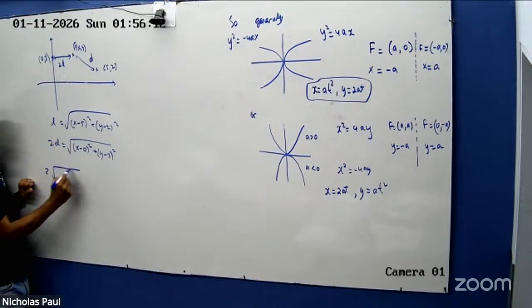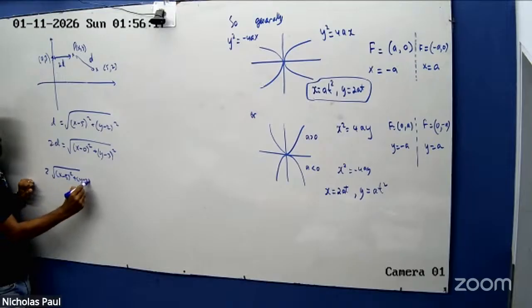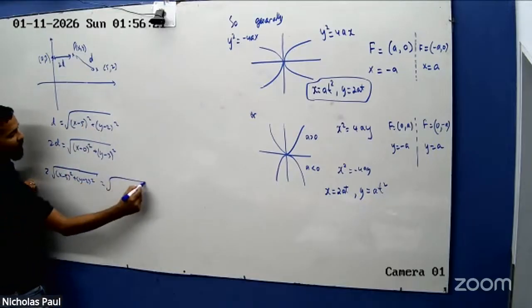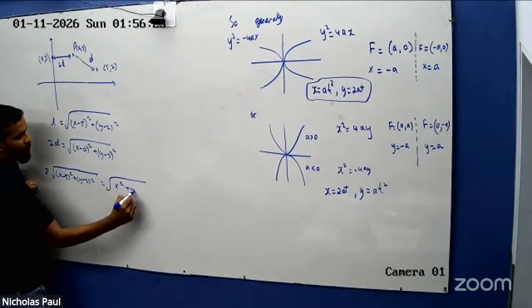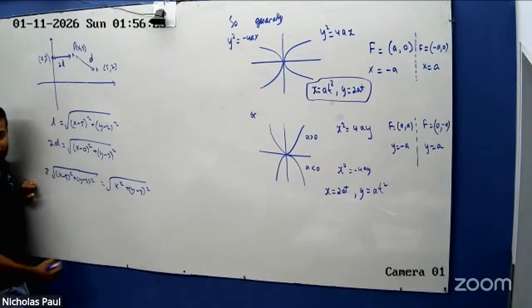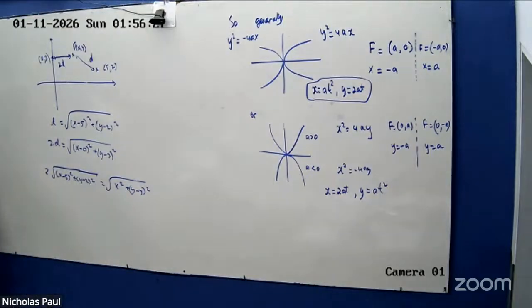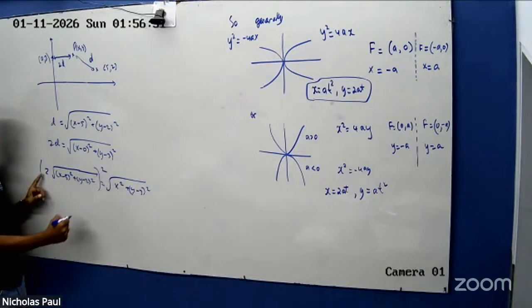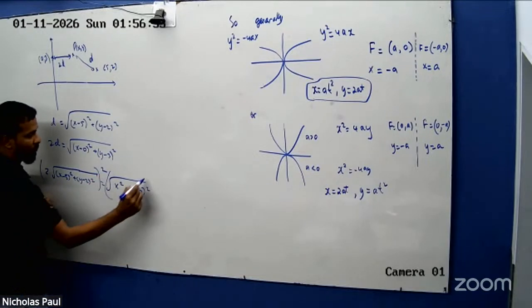So you'll get the square root of x minus 5 squared plus y minus 2 squared. So put this here, right? And you'll get x squared plus y minus 3 squared. Common mistake is that when we square here, we forget the 2.